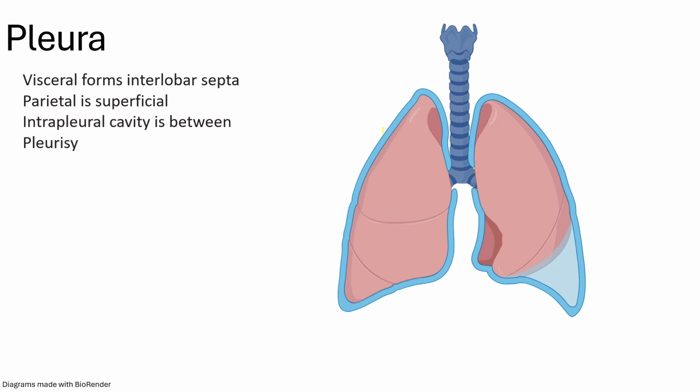There's the parietal layer that is superficial, and then there's the visceral layer, which is deep. And between them is the intrapleural cavity. The visceral pleura also dips deep into the septa that separate the lobes. So it's just connective tissue.